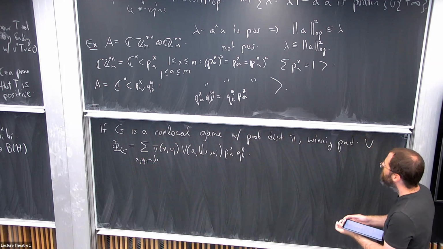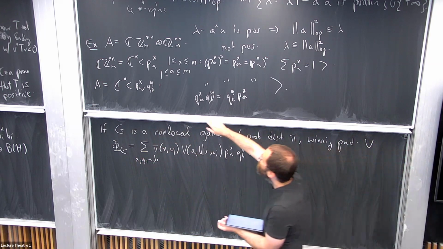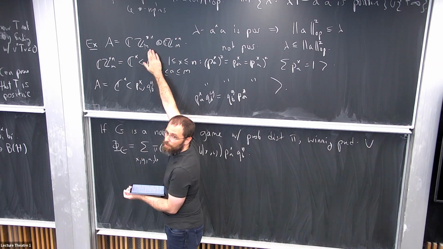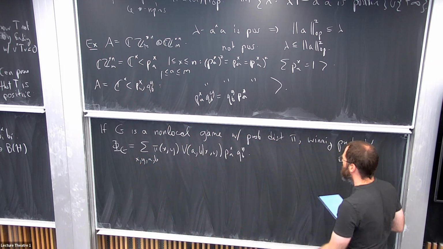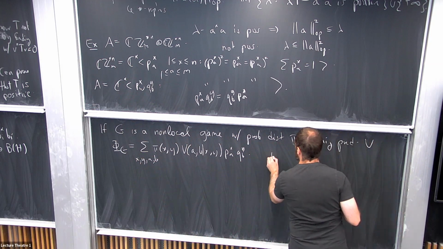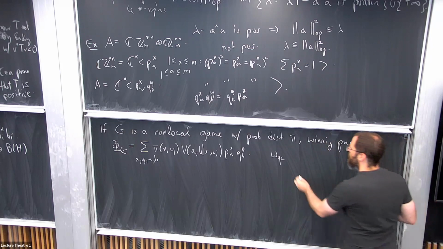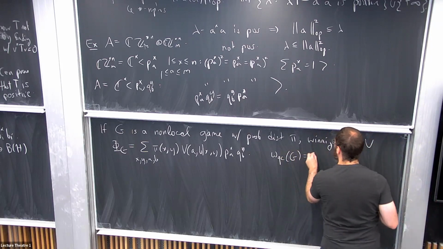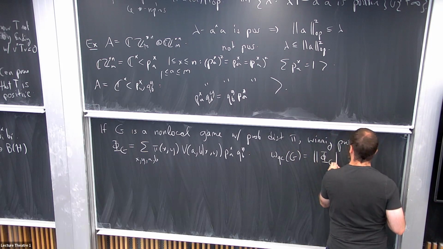So this works for a game with m being the number of answers and q being the number of questions. We can write down this functional. And then when we look at the value of this game, particularly the commuting operator value, we get that that's equal to the operator norm of phi G.